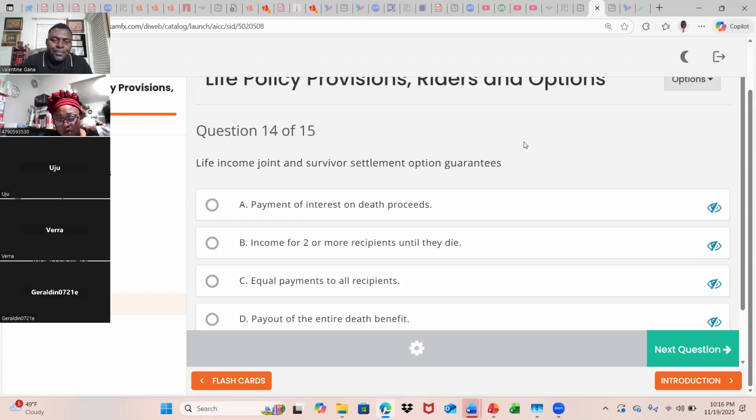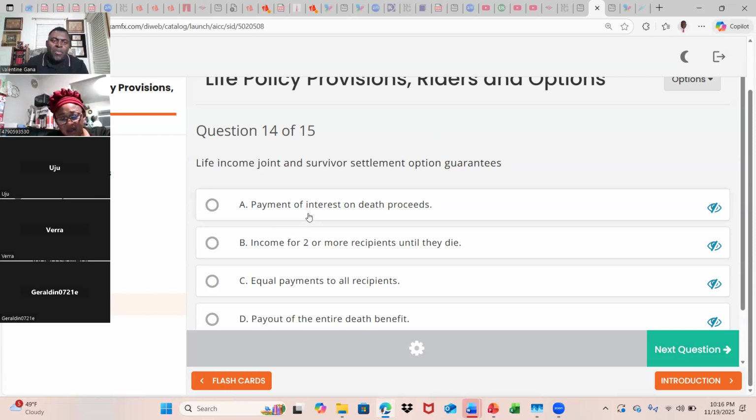Income for two or more recipients until death. Payment of interest of death proceeds. Equal payment to all recipients. Pay out of the entire death benefit. Is it A? Payment of interest on death proceeds.